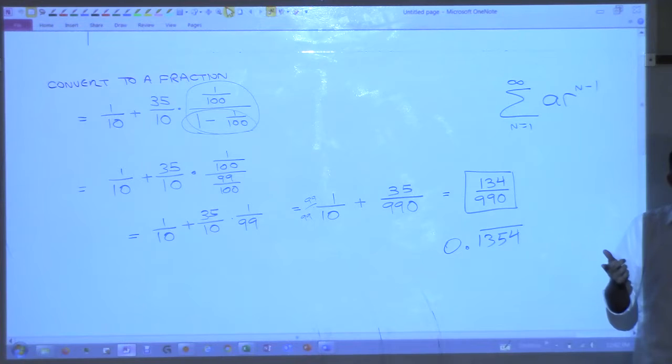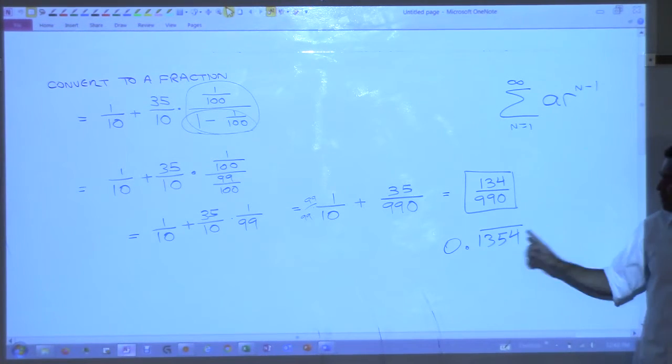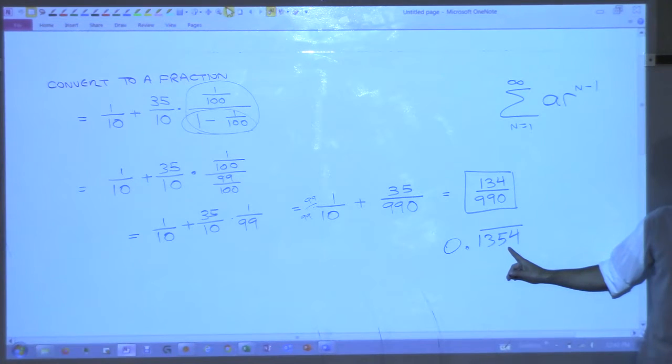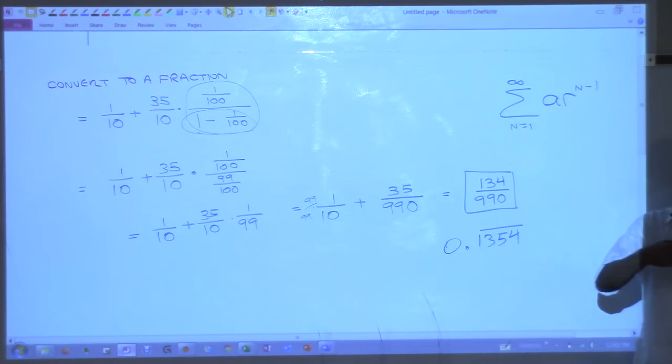Which means it can be written as a fraction. All repeating decimals can be converted to a fraction. So what about pi? Pi is a non-repeating, non-terminating decimal. It cannot be written as a fraction. That's what makes it irrational. Rational numbers, fraction, ratio.